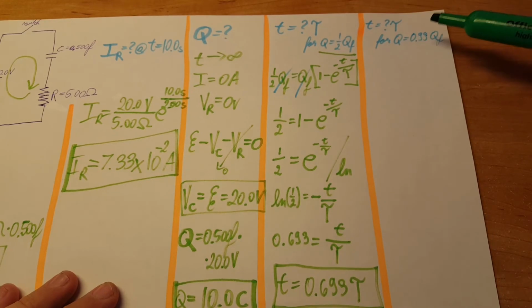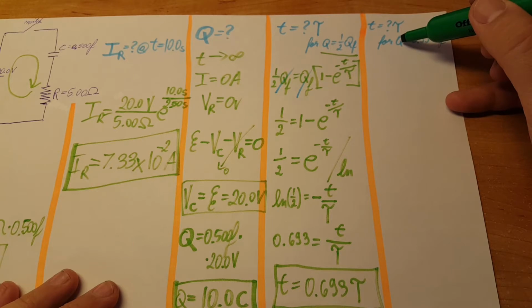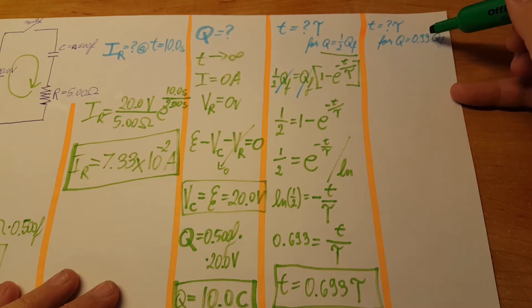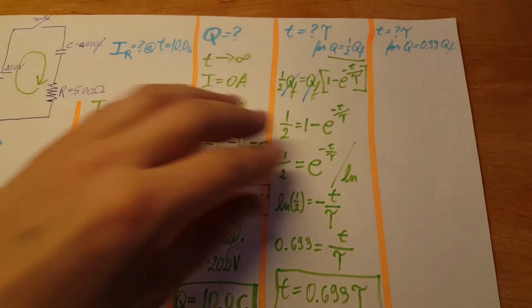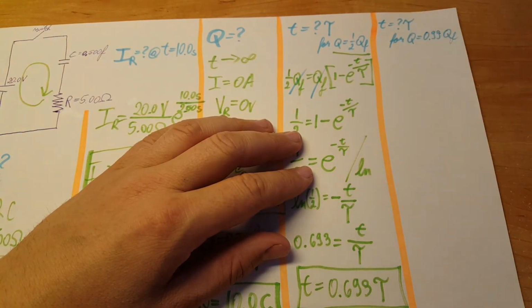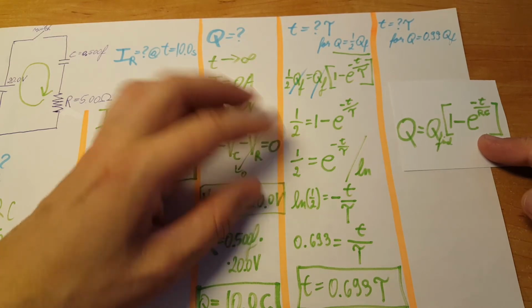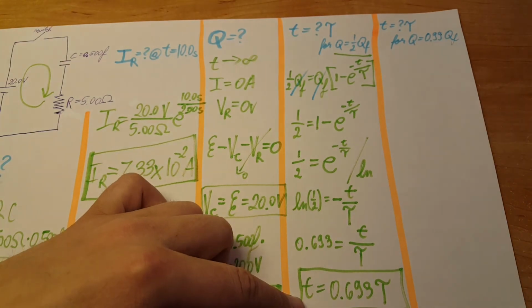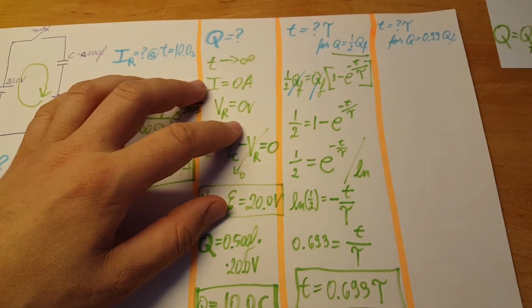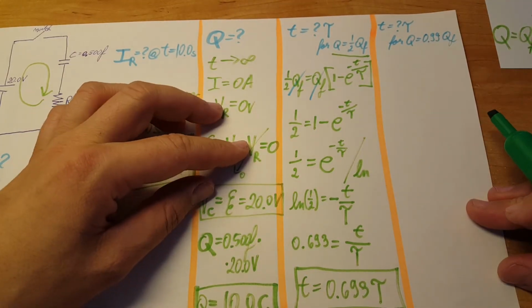Okay, this question is asking pretty much the same thing as this one, but it's asking for the charge at 0.99 of final, so 99% of final. So we're gonna follow the same footsteps. We're gonna use this formula, start plugging in, and follow it down all the way. Exactly the same, so I'm gonna do it faster. Since the logic is already here, you can just follow along with the numbers.